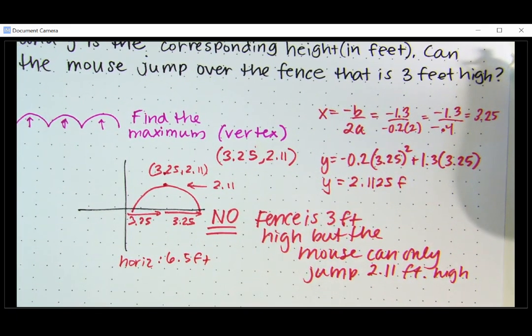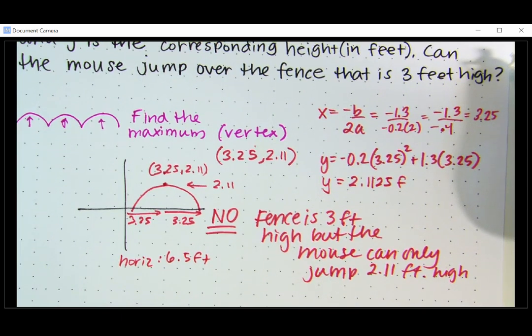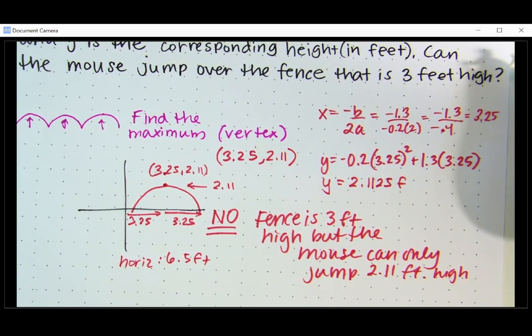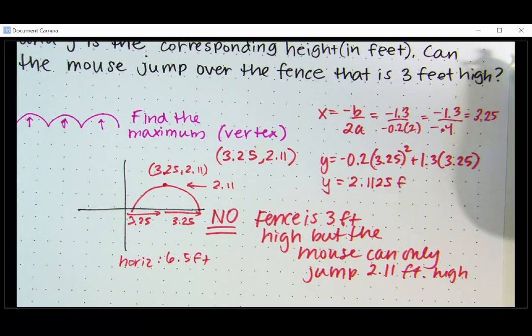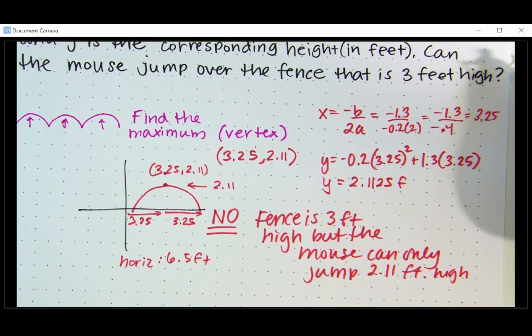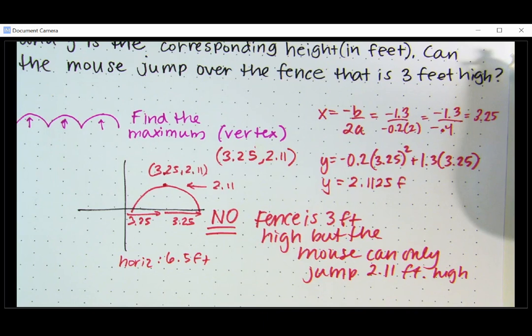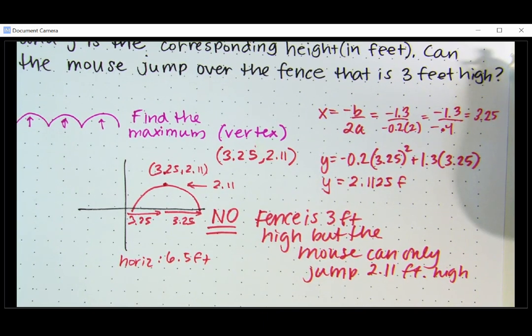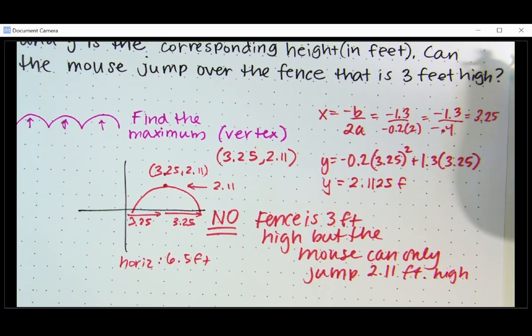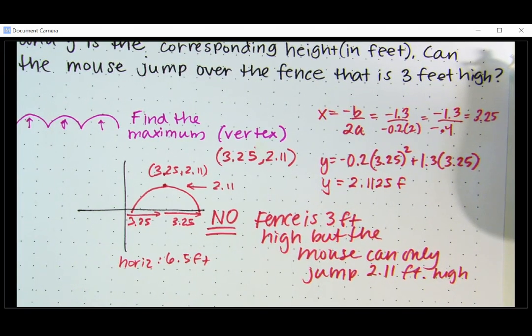It's not asking us that, but just in case you were asked, could the mouse jump over a 6-foot pond? That's how you would find the horizontal movement of the mouse or whatever you're working with. Okay, so with the word problems, you might need to use one of the pieces of information that you learned about the graph, pick which piece you need to know, and find it to be able to answer the question.